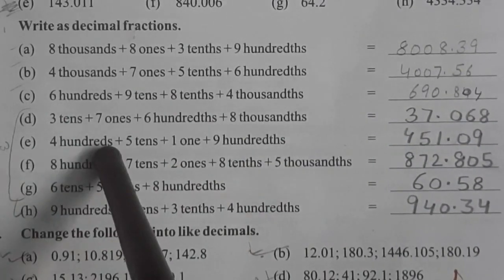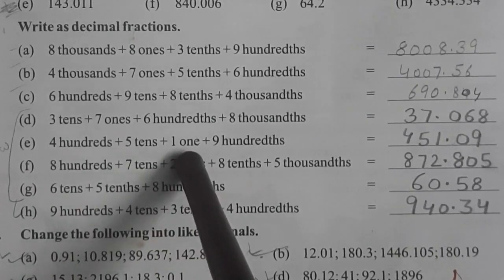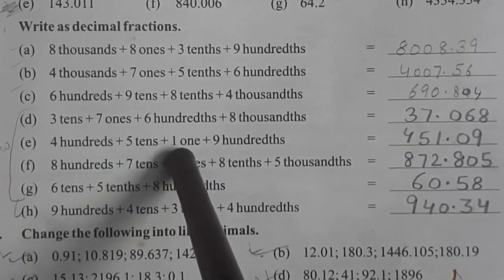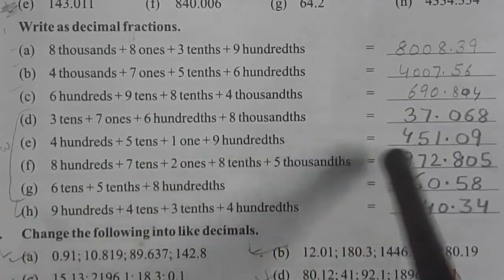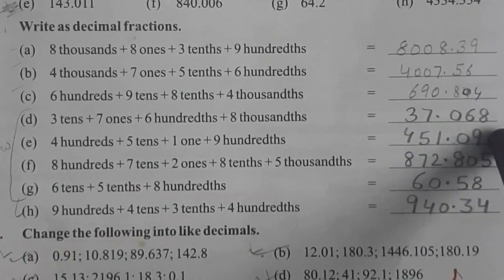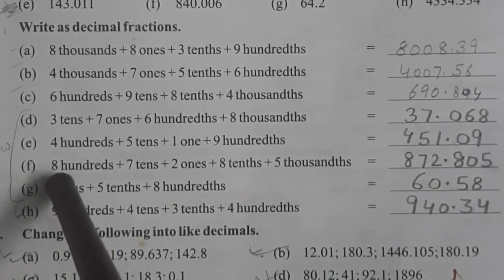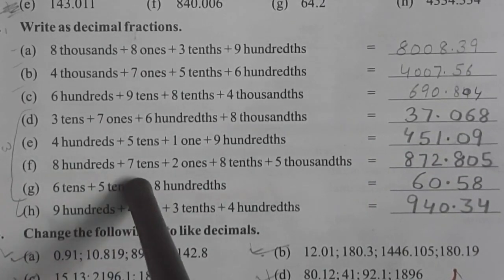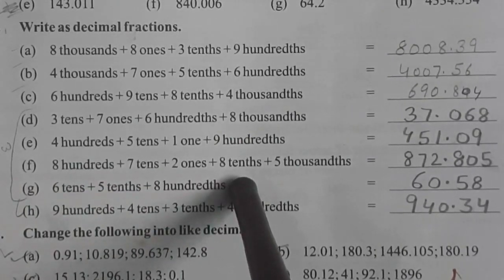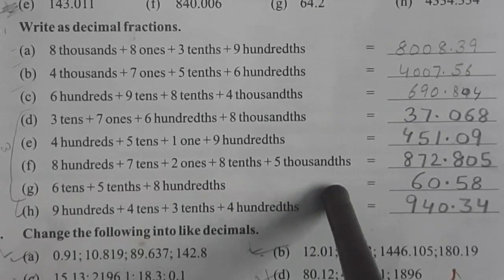E part, 4 hundredths plus 5 tenths plus 1 one plus 9 hundredth. 451.09. 9 should be at 100th place. Right?